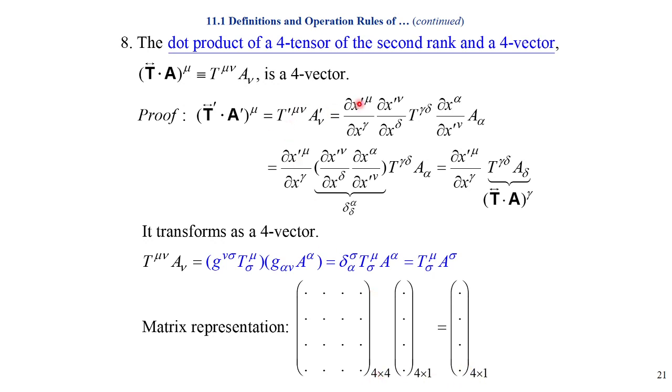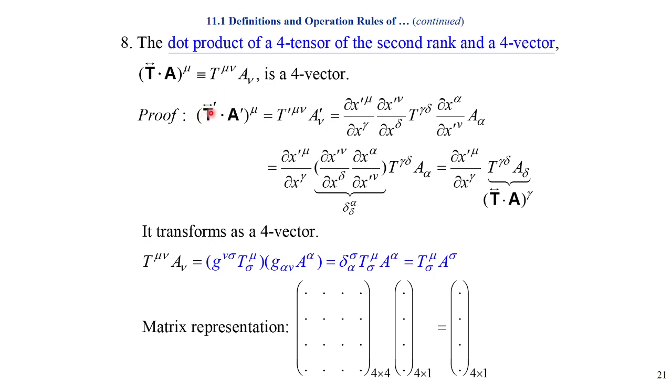So how to denote the symbol? We have a 4 tensor of the second rank dotted with a 4 vector. In notation, T mu nu A nu. After summing over nu, it should be a vector. How to prove it is a vector? A vector transforms by the Lorentz transformation.